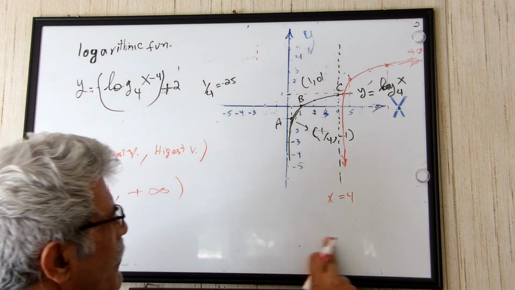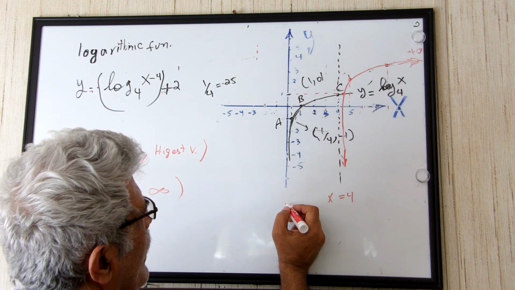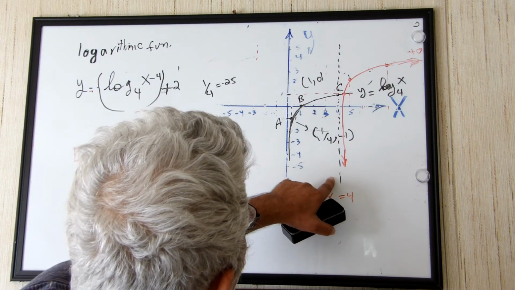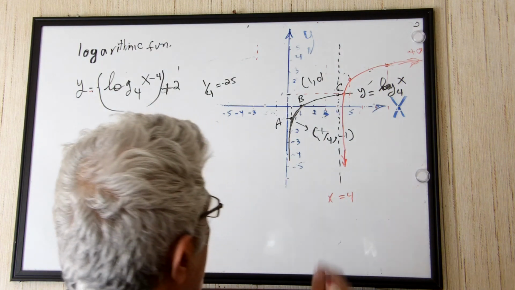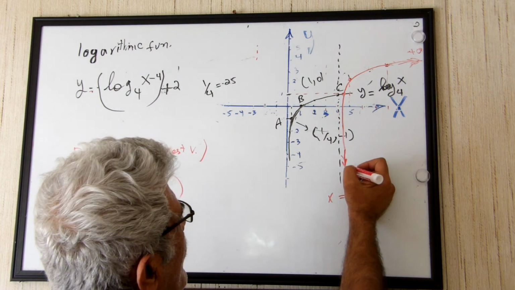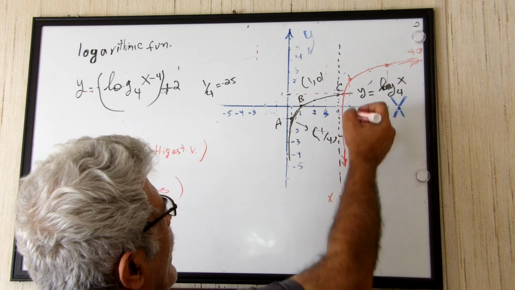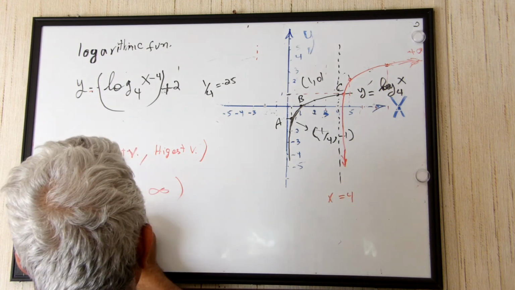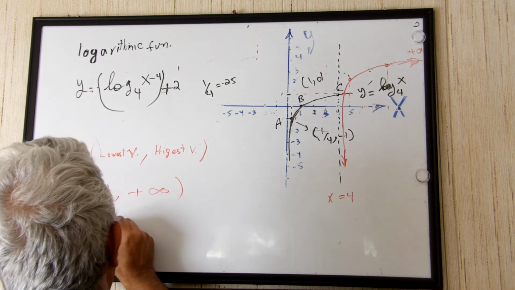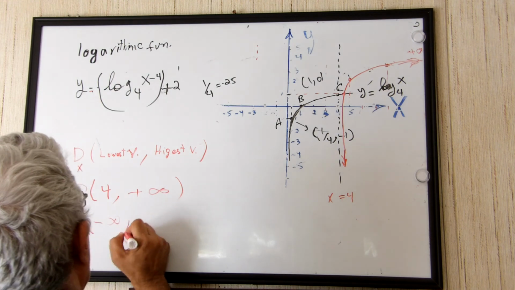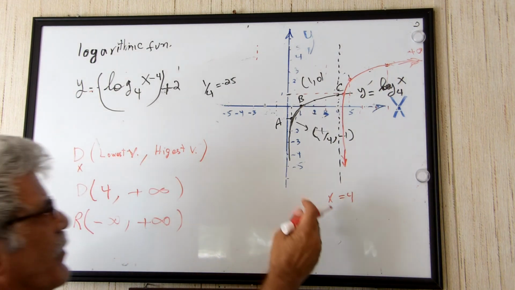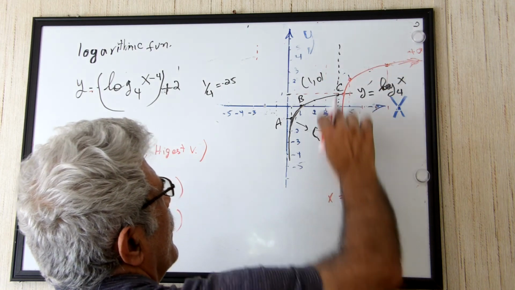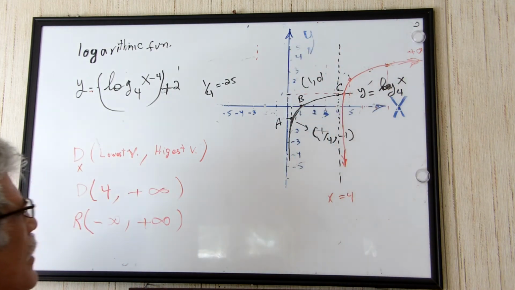Any number you can give to y, you can give any value to y. Then you can give x and find the y, and here this way. So it starts from minus infinity to plus infinity. It starts from here. You can give any value and you go up there. From here to up there is y-axis.